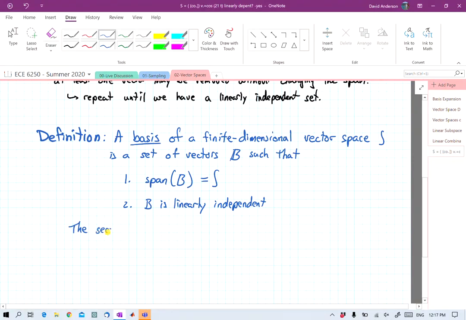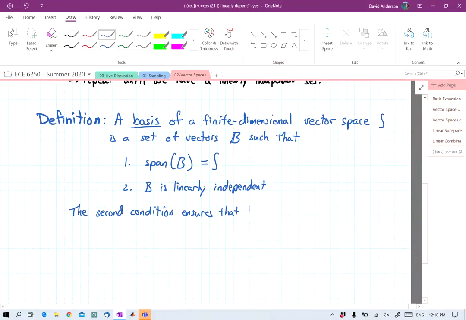So the second condition ensures that whatever set of vectors we choose as a basis, each will have the same number of elements.